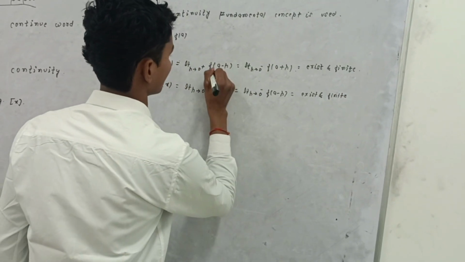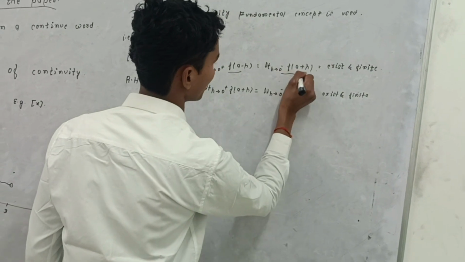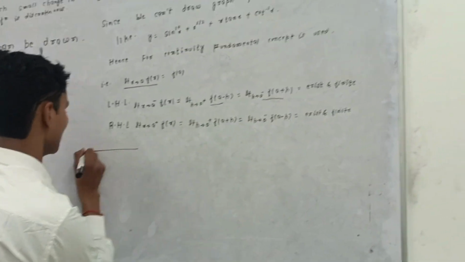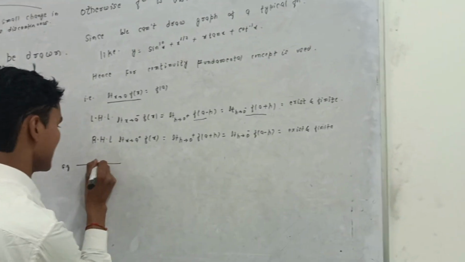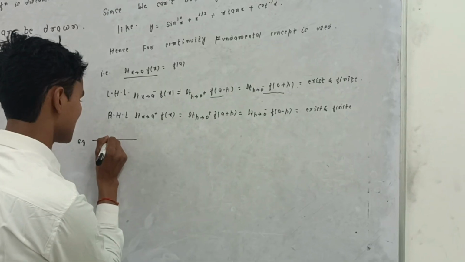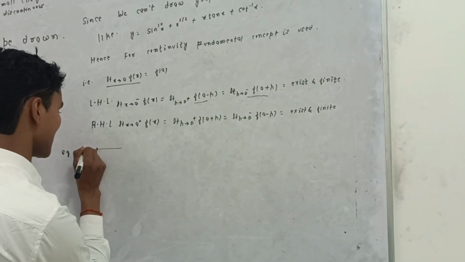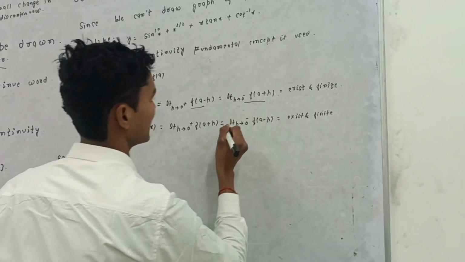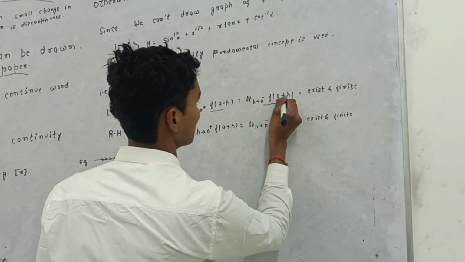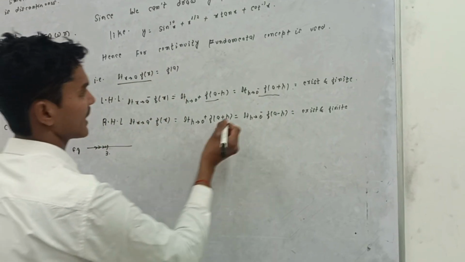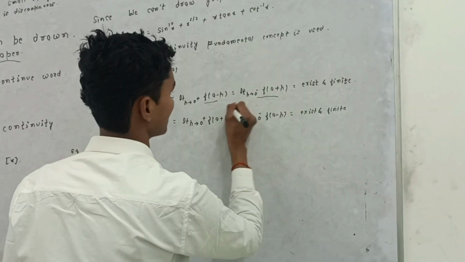Here both of these are equal, because for example a is equal to 3, a minus h means it approaches from this side, and if a plus h with h tending to 0 minus, then also it approaches from this side, and hence this quantity is equal.